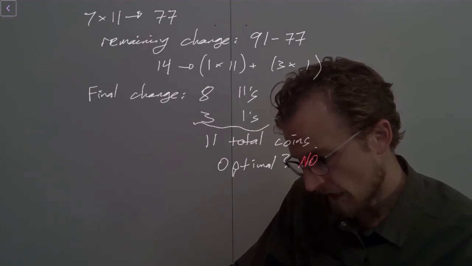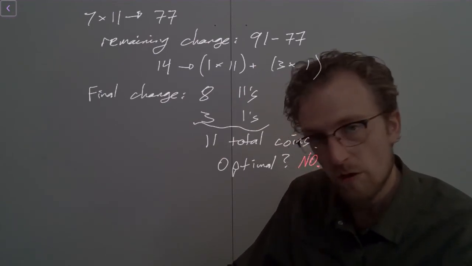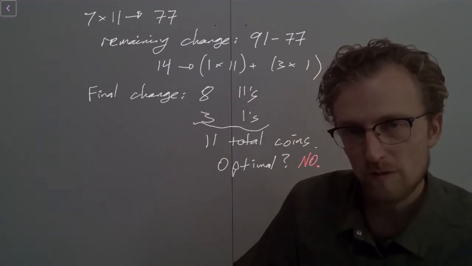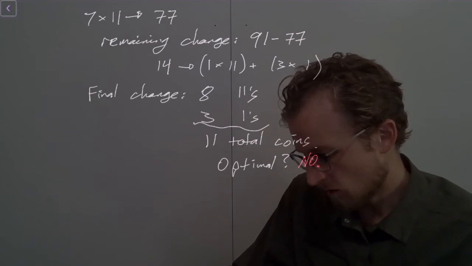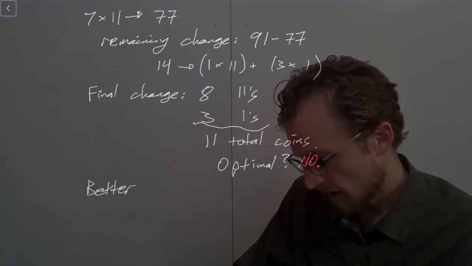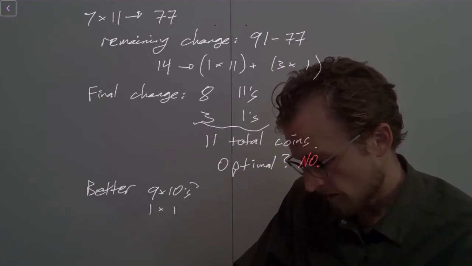And the way I can tell that it's not optimal is I can show you that there is something better, right? What I'm showing you is actually not optimal, but it is better. So what is better? Well, better is 9 10s plus 1 1. And so that's 10 total coins.